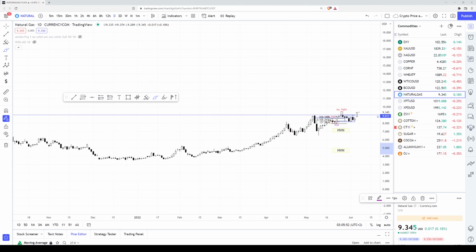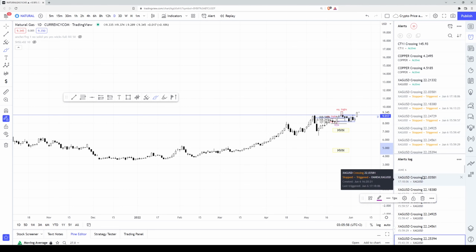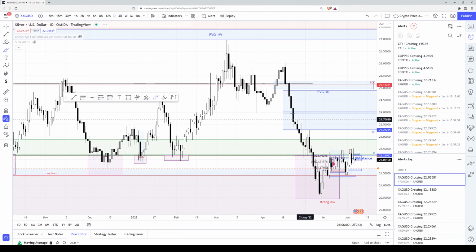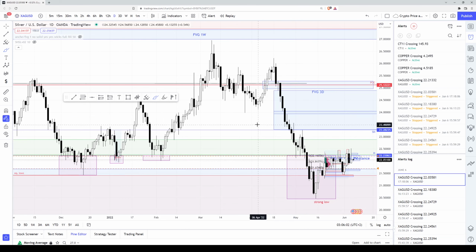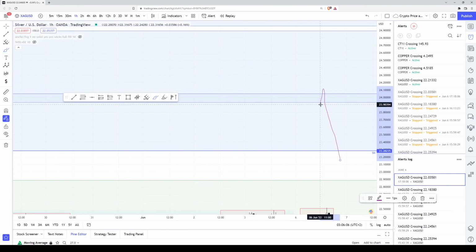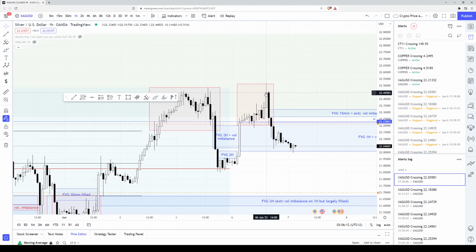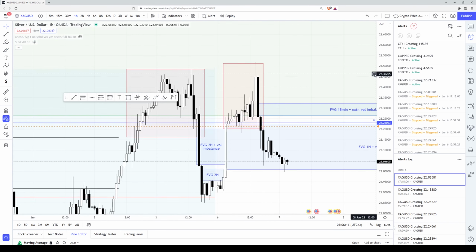If we look at the more useful tools in TradingView as well, are the alerts, and alerts in particular are really useful because you don't need to be at your charts 24/7. So for example, for silver, if you look at the last public analysis that I made, I told that I entered a short on silver when price moved back into the monthly level, or below the monthly level rather.